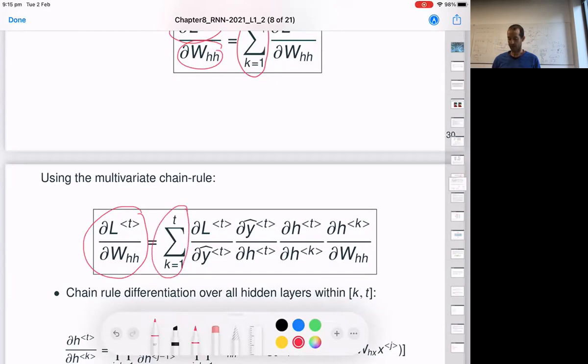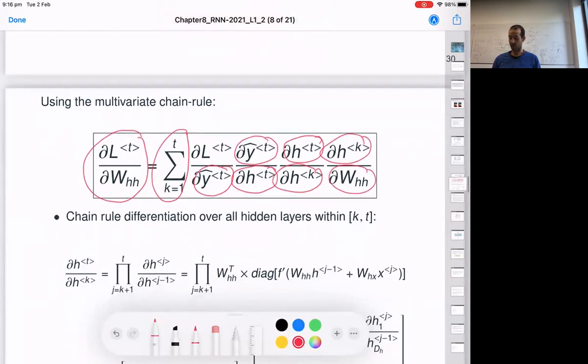I decompose it as the derivative with respect to the prediction at time t, and after, the prediction at time t derivative with respect to the hidden state at time t, so ht, and ht depends on hk, and hk depends on W. Now we need to focus on this part, because this sum here depends on the index k, so we can move this sum through there.